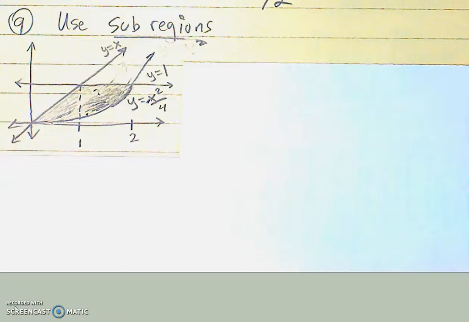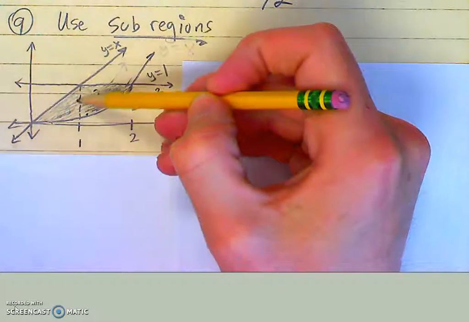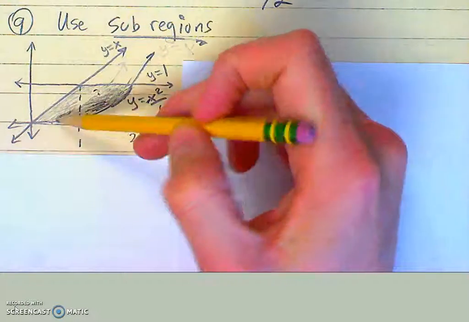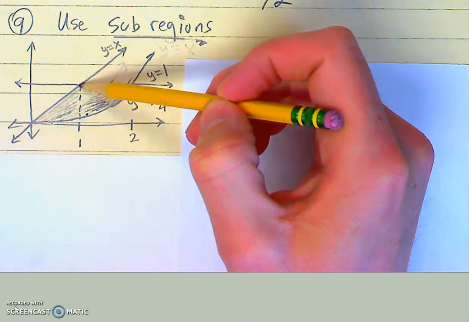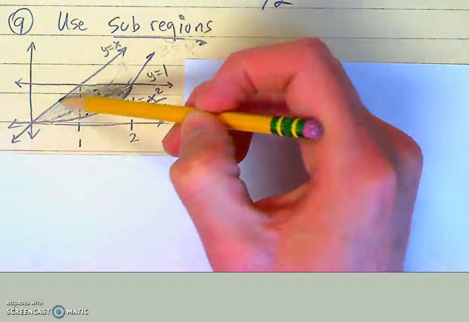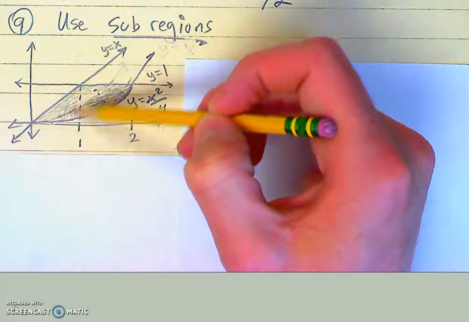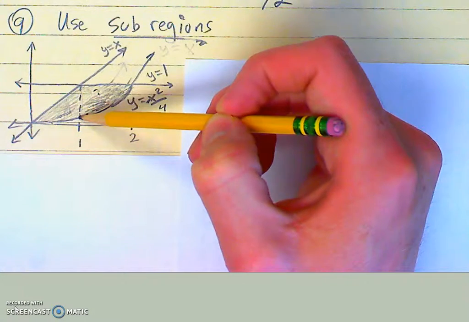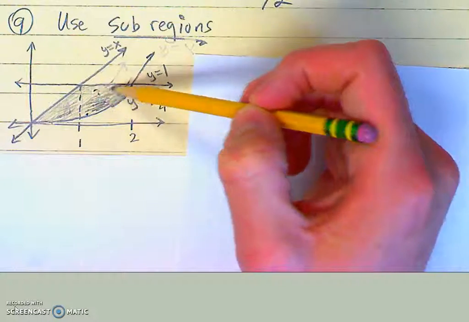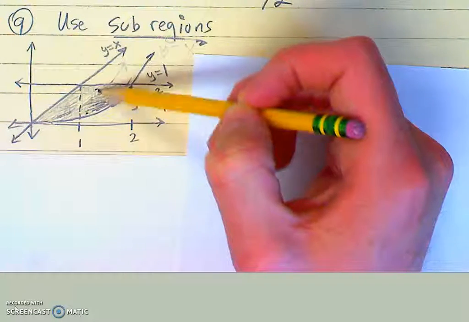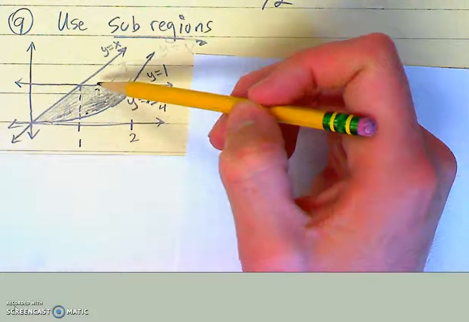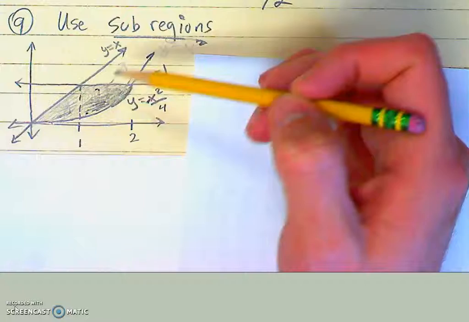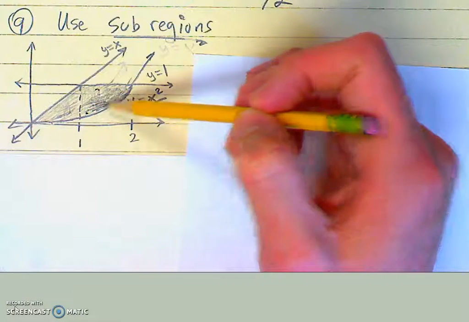So how we actually are going to break this apart is noticing that at this point here, when x is 1, is when the difference between the two functions actually changes. And now the function y equals 1 is basically your upper bound to the shaded area there.